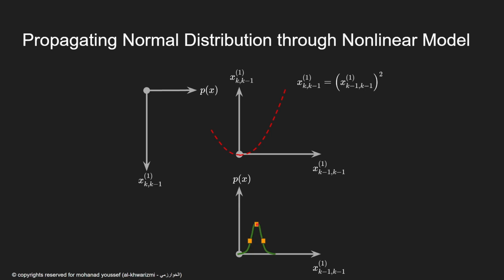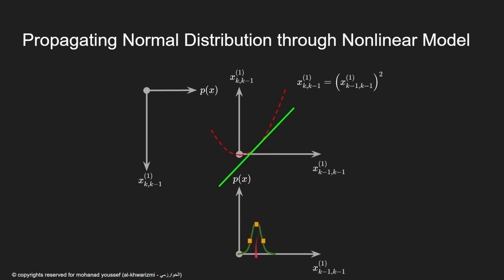And then each sample we propagate through the nonlinear function like this. So what happens is that the propagated outputs, if we check their distribution, we will find that it's not Gaussian anymore. And that's the core problem. So an alternative to solve this problem or a workaround is to use a linearized model of our nonlinear model.